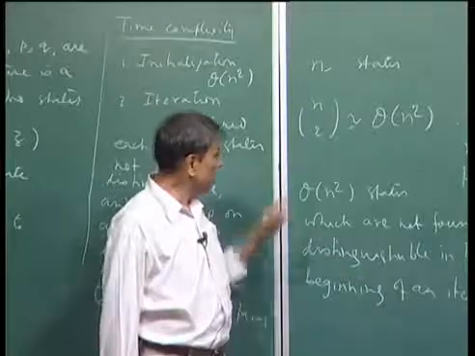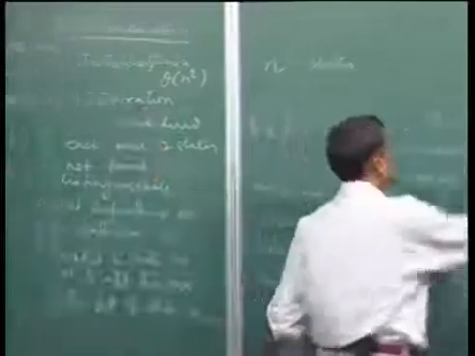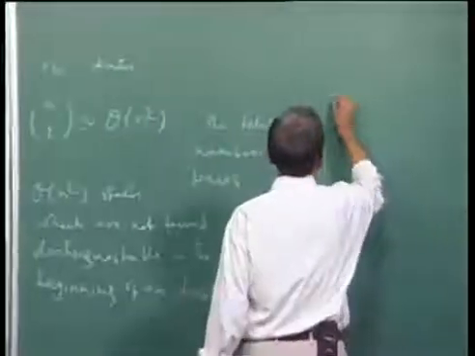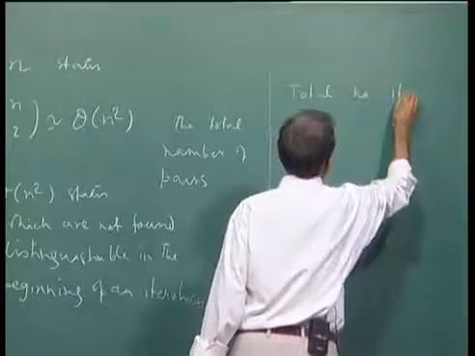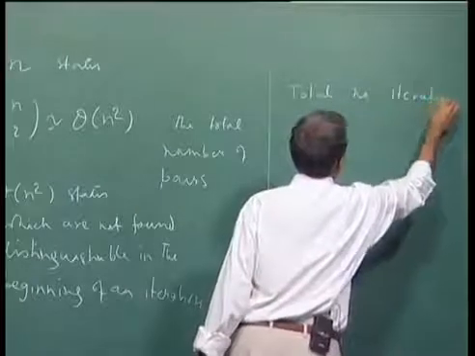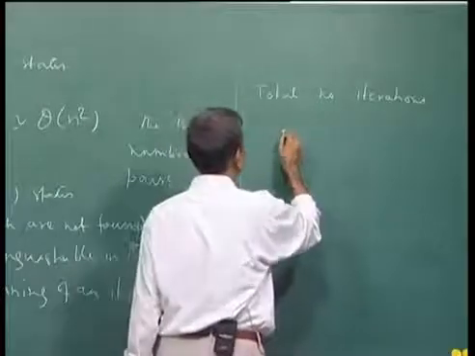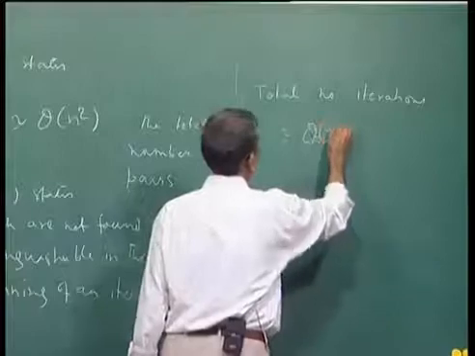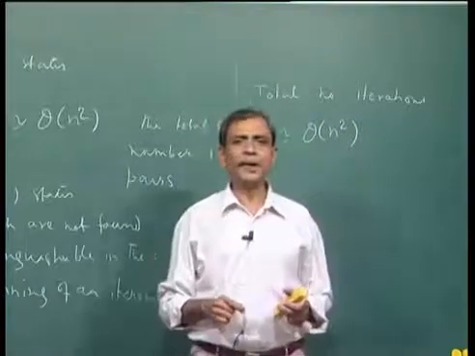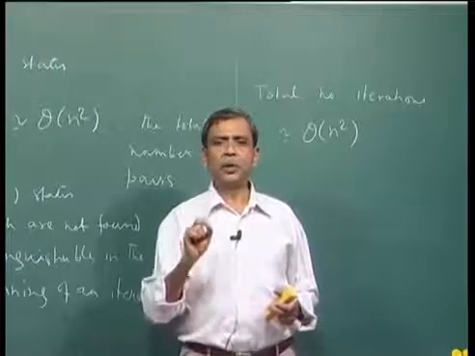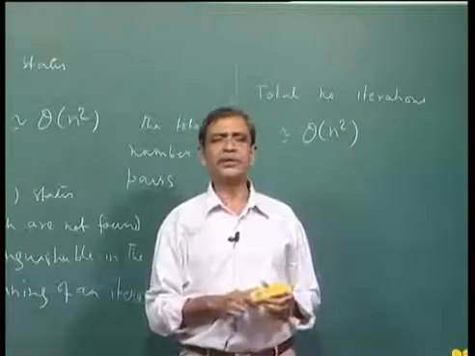And how many such iterations will be there? Clearly, the total number of iterations is bounded by again order n square. Why? Because in each iteration we definitely add one or more pairs to the set of distinguishable pairs.